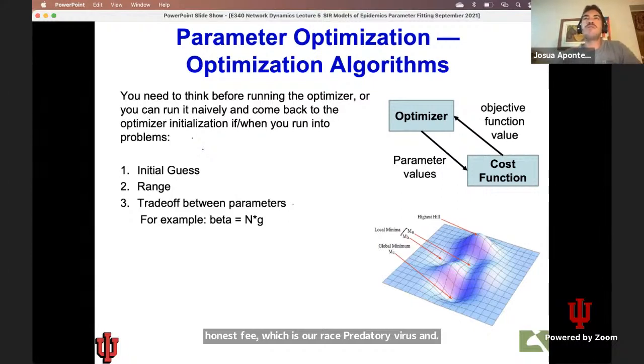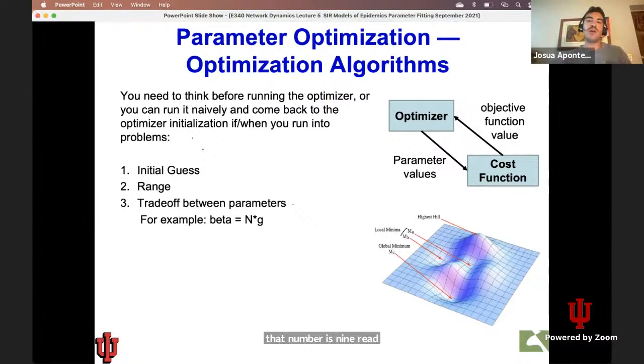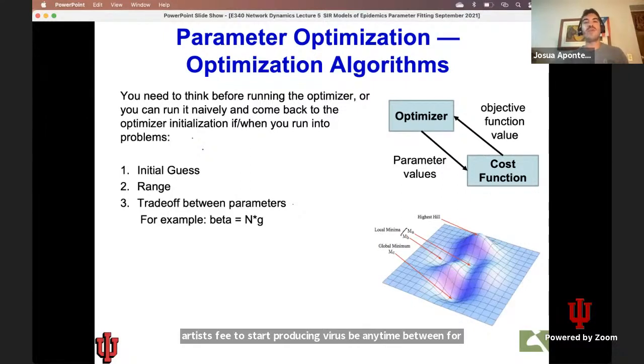That number is not readily known, but you would expect RSV to start producing virus anytime between 4 hours to 2 days. So when you run your optimizer, you can constrain your model such that the range it looks for that parameter is within biologically realistic numbers.